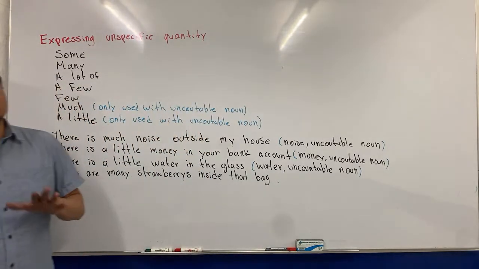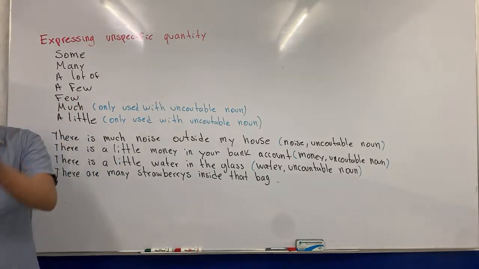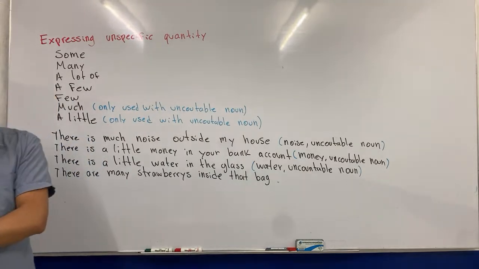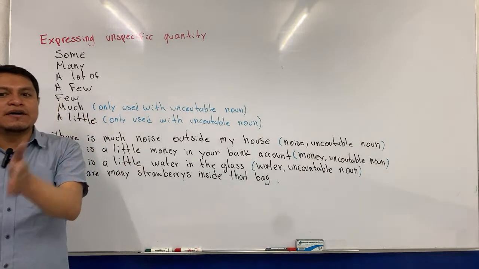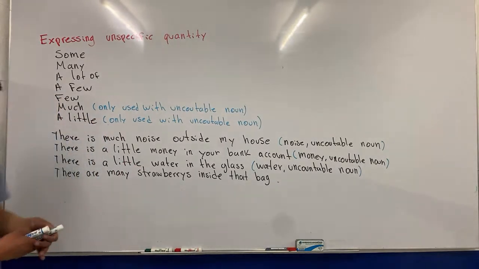Strawberries are countable nouns. Another example, there are a lot of cups in my mother's cupboard, or there are lots of clothes on my bed.